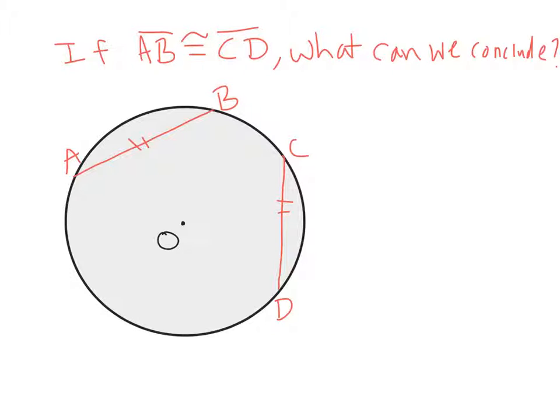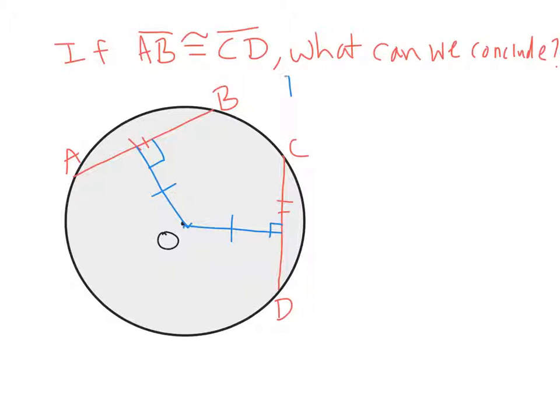My distance from O to AB is measured when it's drawn perpendicular, right? And the same would obviously go here. My distance to the chord is perpendicular. That's how I measure. Well, what do you think? If I have two congruent chords in the same circle, what do you think is true about their distance to the center? If you said, hey, their distance is the same to the center, you are absolutely correct.